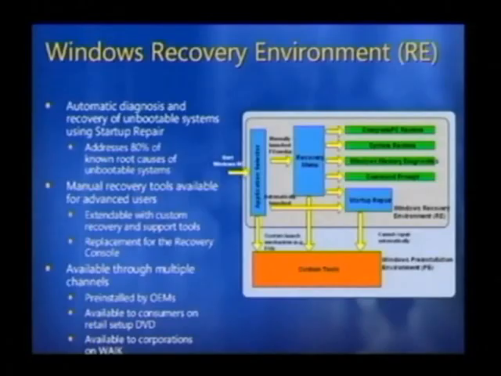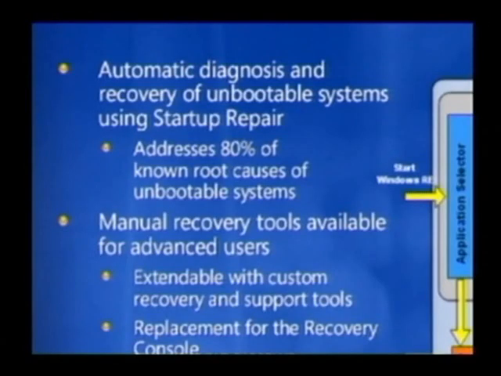The final area is unbootable systems, and I'll talk about that. For unbootable systems, we have the Windows Recovery Environment. This is based on Windows PE, and there are two main things you can get from Windows RE. First is automatic diagnosis and also detection of unbootable systems and repair.